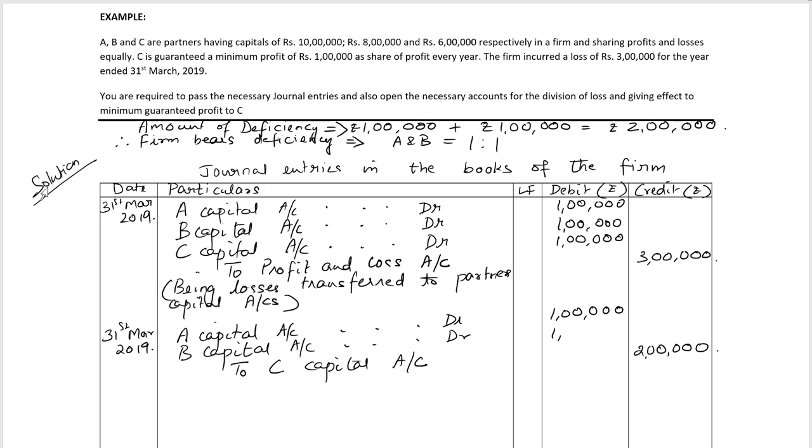So A bears 1 lakh rupees and B bears 1 lakh rupees, being deficiency borne by A and B in 1:1 ratio.